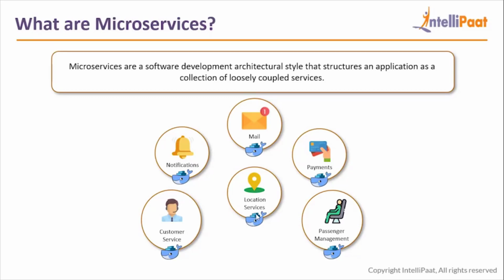The reason being, your containers could be of different technologies. For example, your customer service could be written in Python, your notifications could be written in Java. But if your customer service and notifications programs have to interact with each other, they can interact through JSON. JSON is a way of writing a file, just like we have CSVs wherein values are separated by commas. In JSON you have a structure, right?